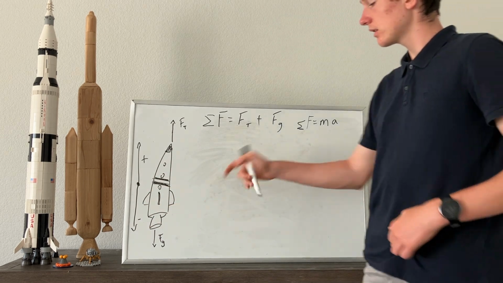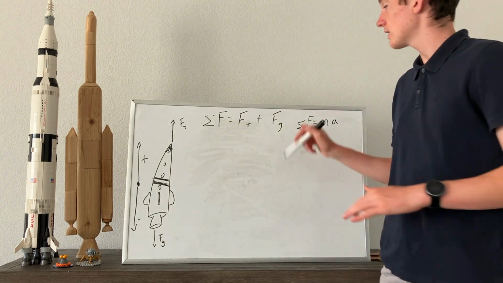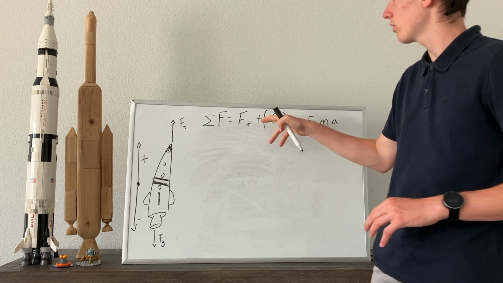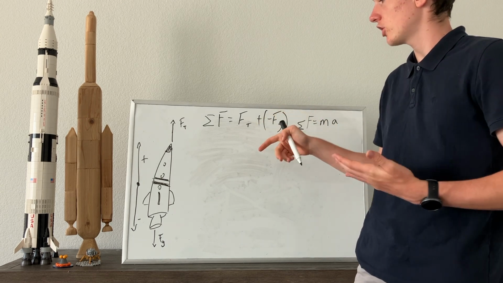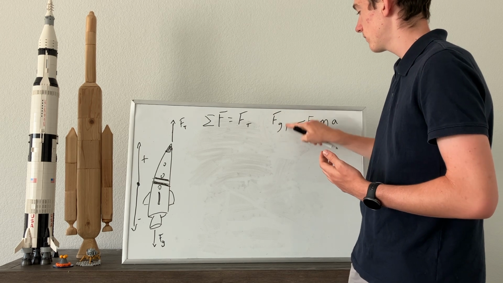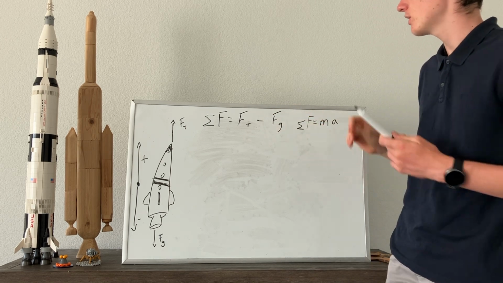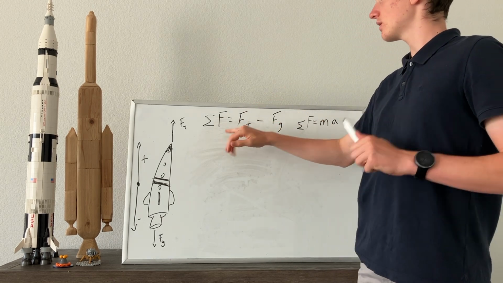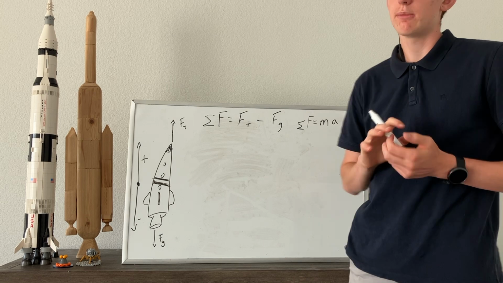Because the force of gravity is going down, it is a negative force, so we're going to put a negative sign in front of that force. And as we know, plus a negative is just minus, so we can get rid of that plus and write it like that. So this is our first equation: the sum of the forces is equal to the force of thrust minus the force of gravity.